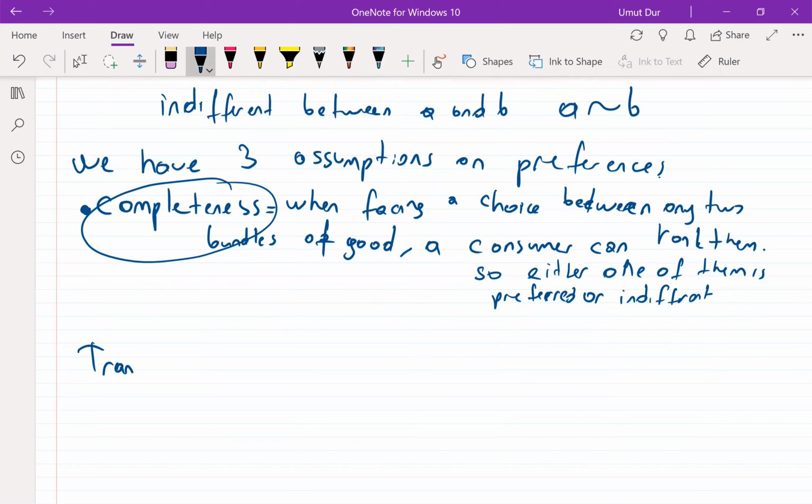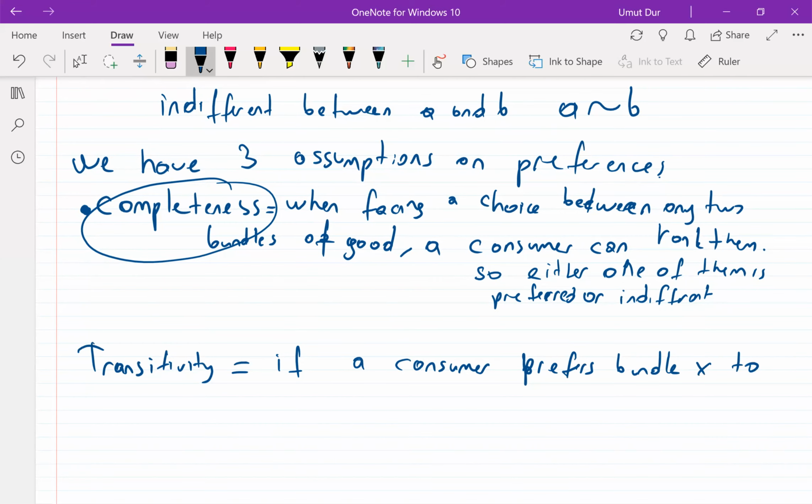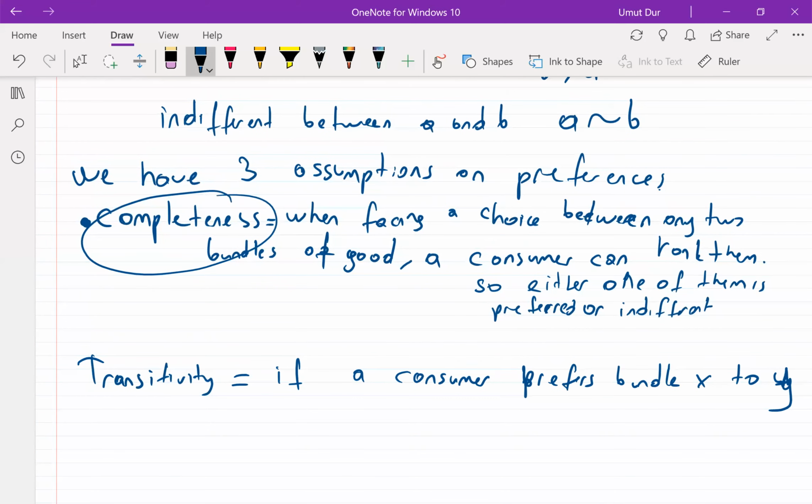The second assumption is transitivity. So if a consumer prefers bundle X to Y, and Y to Z, then what should be the ranking between X and Z?